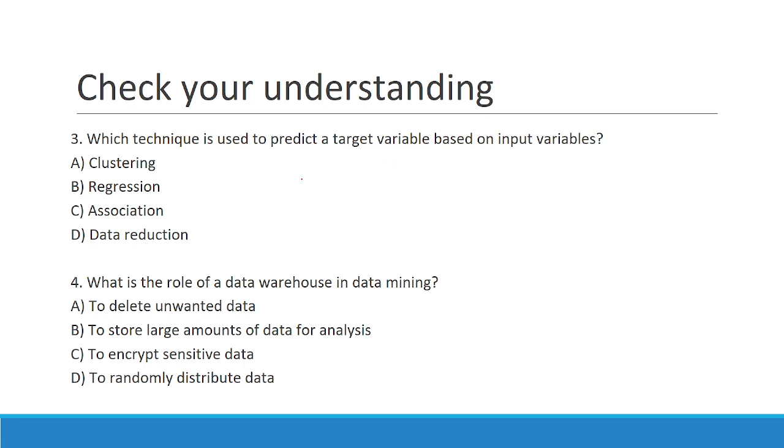Ma'am, regression. Correct. Because clustering groups the data points, association will give you rules. Data reduction is one of the processes in data pre-processing. So here regression is the answer, because based on input variables we predict some value.